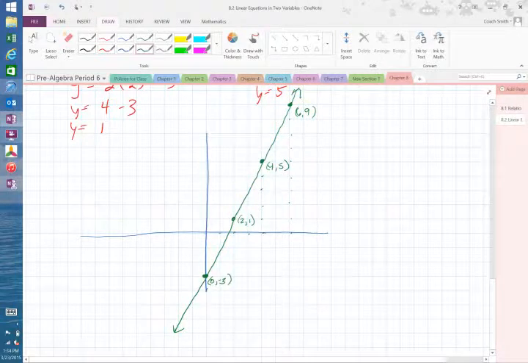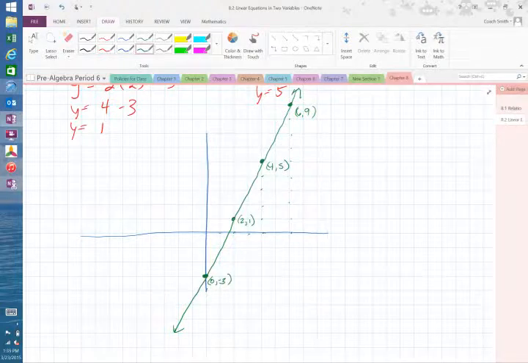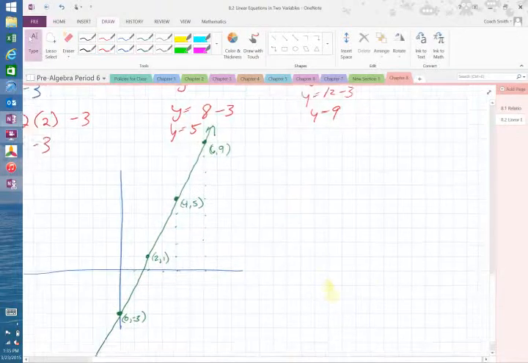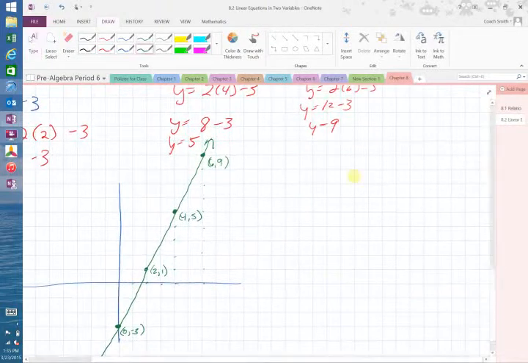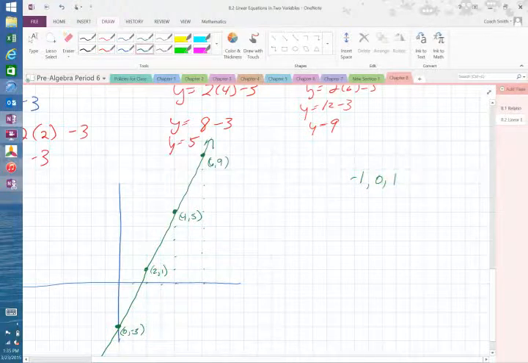so that's the answer. Now, once again, all of you could have possibly different answers, with the exception of your line has still got to look like that. In other words, let's say I used -1, 0, and 1 as my domain. You don't have to copy this down. So I plug in y equal 2 times -1 minus 3.